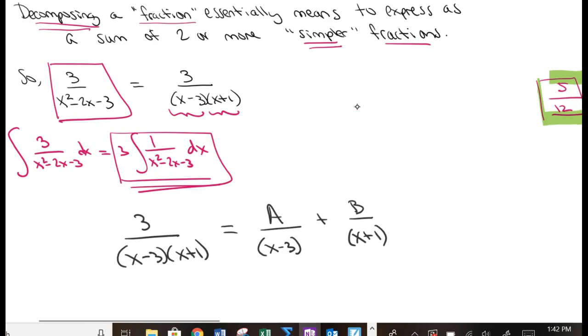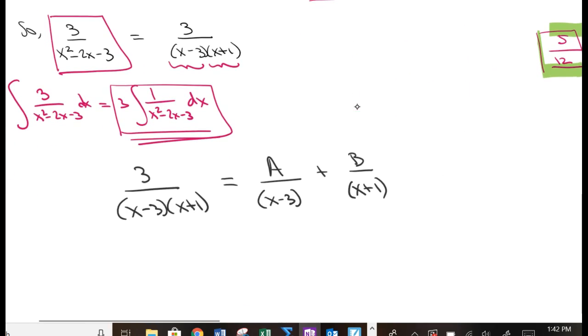The same thing is going on here. And here's where I want you to see something. If we can somehow figure out what A and B are, and if we find that A and B are in fact constants, and the original task was integrating this, which I cannot do, maybe it'd be easier to integrate the version on the right-hand side.